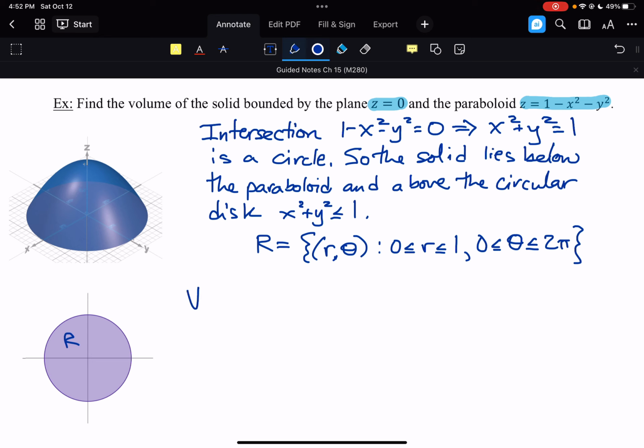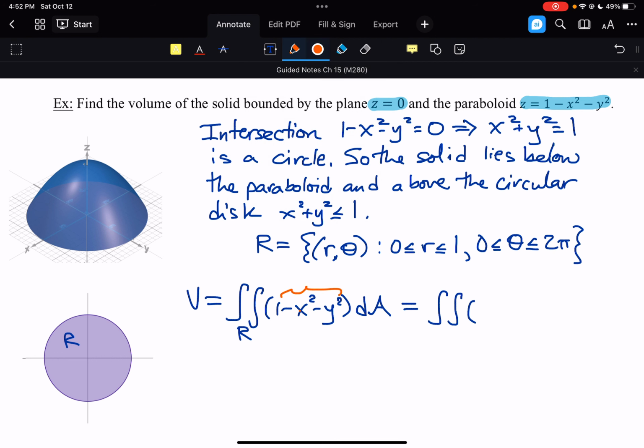So the volume of the solid is the double integral over R of 1 minus x squared minus y squared dA, which in polar coordinates, we go ahead and convert. Now, we have a little bit of a shortcut here.